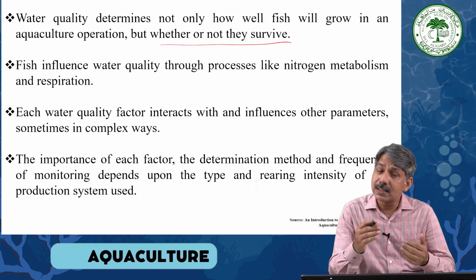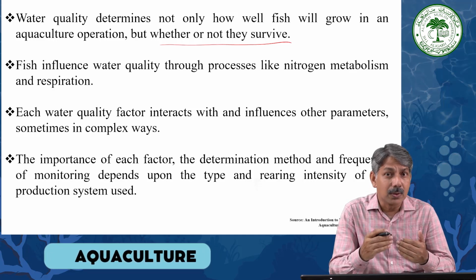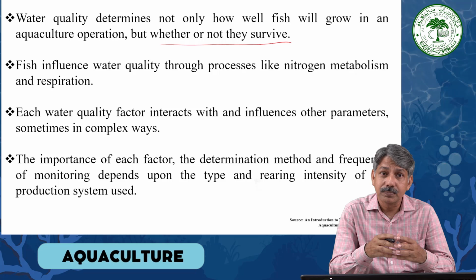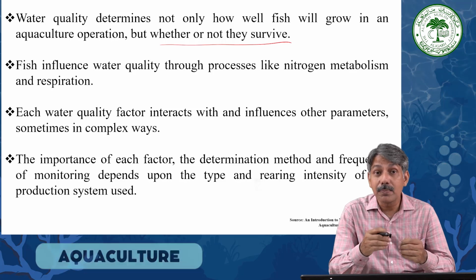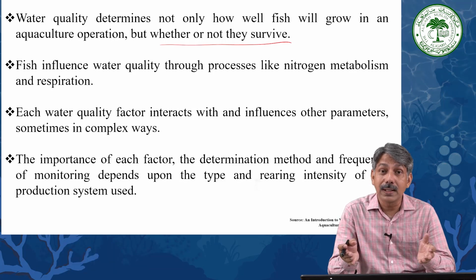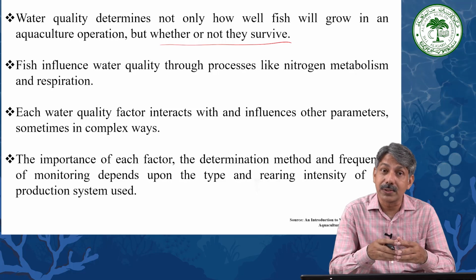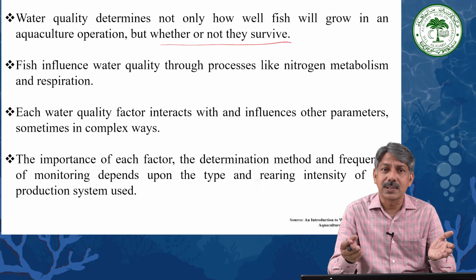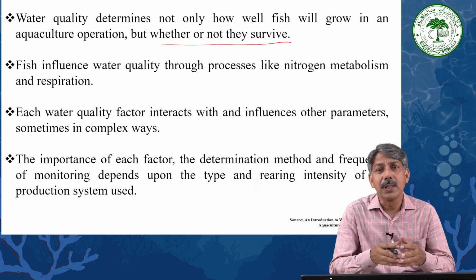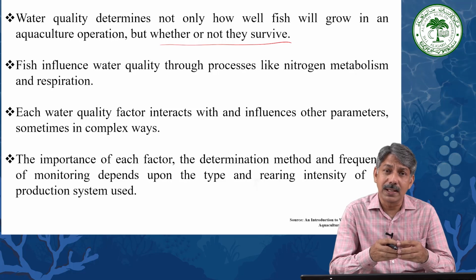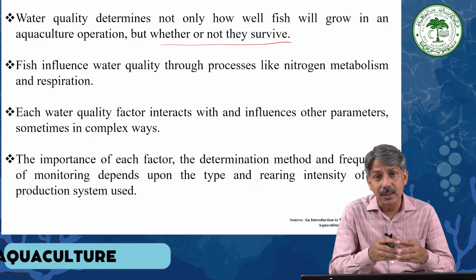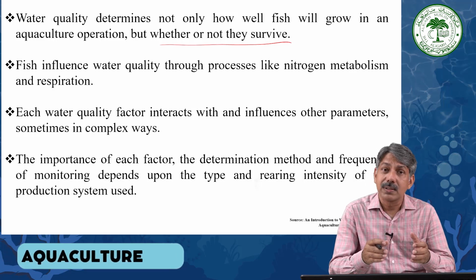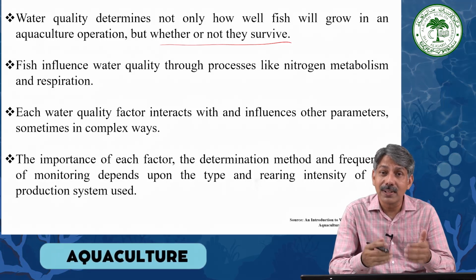If there is lowering of dissolved oxygen content, it is quite common that due to oxygen depletion, a large number of fishes die in many of the systems. All of a sudden, many of the fishes die on a mass level. So that becomes very problematic, not only for growth and reproduction, but water quality parameters play a very important role in survival itself.